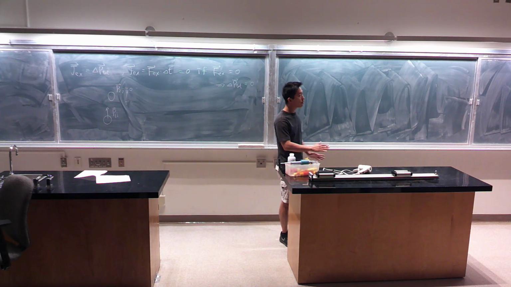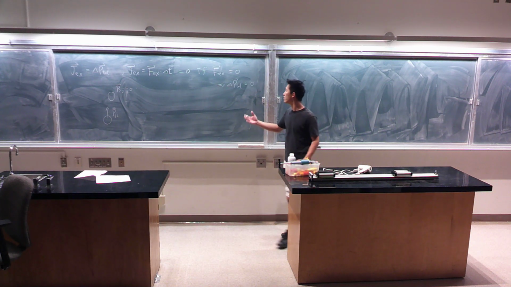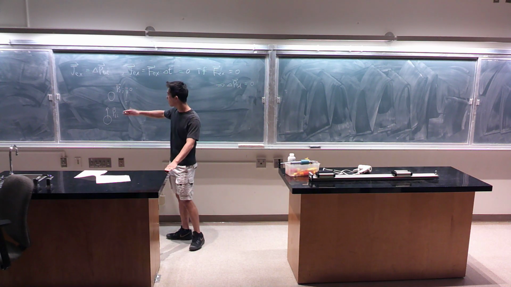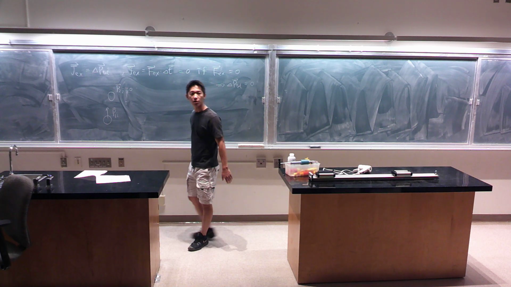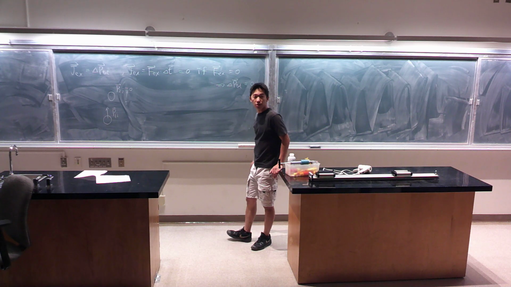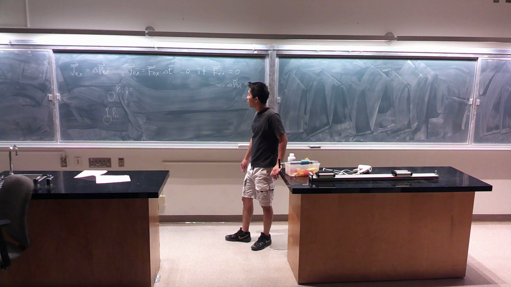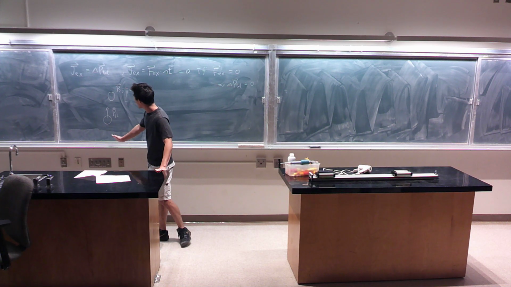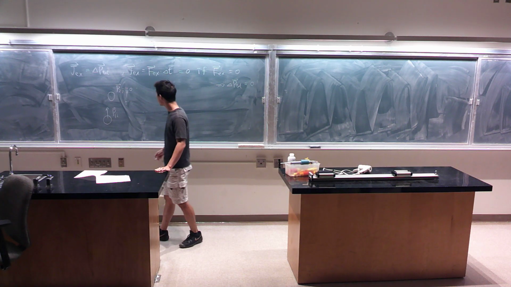Now, if there's no friction on the table, and the ball is not going to fly away from the table, so the gravity and normal force from the table is cancelled, then the momentum of the system will be conserved. Now, momentum is a vector. It has direction, or it has two components. So if the momentum is conserved, the vertical momentum is conserved, so does the horizontal component.